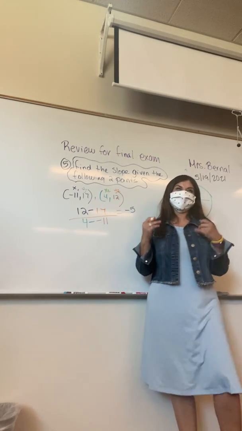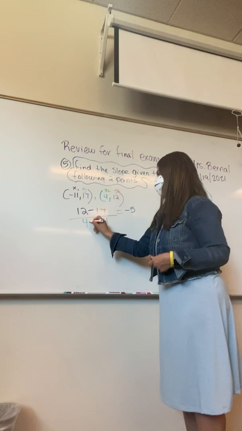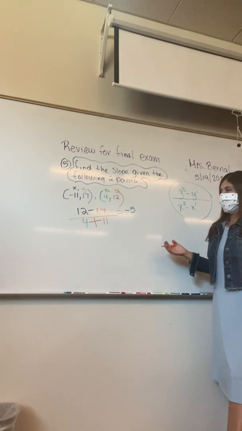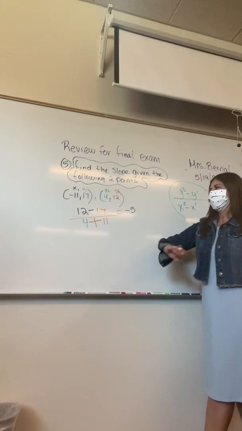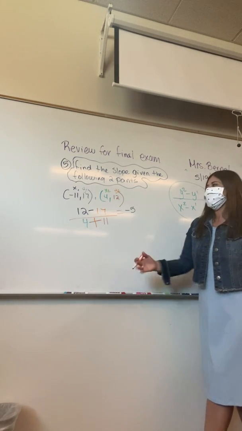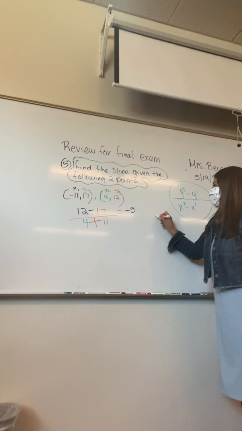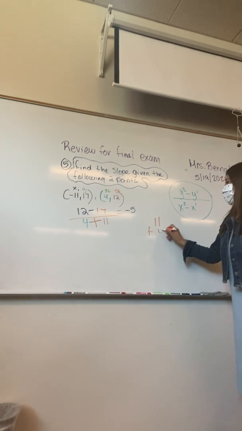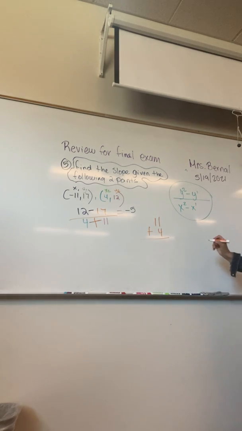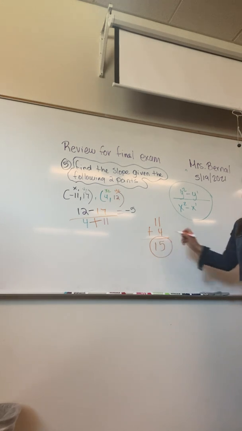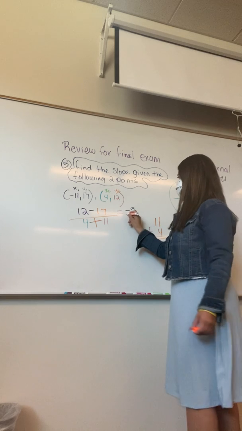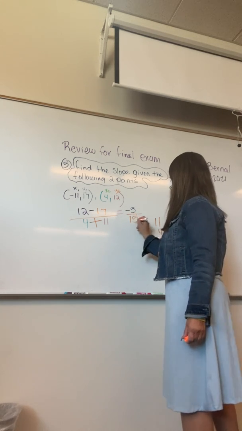A positive. It becomes like a big plus sign right here, right? So all we need to do here, since we don't have a negative in front of it, is add 11 plus 4. How much is 11 plus 4? 15, okay? So on the bottom we have 15.